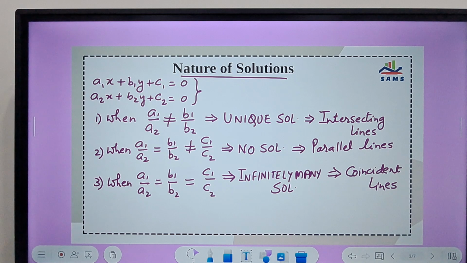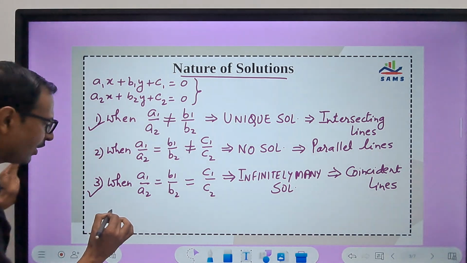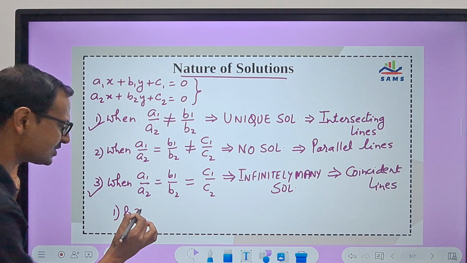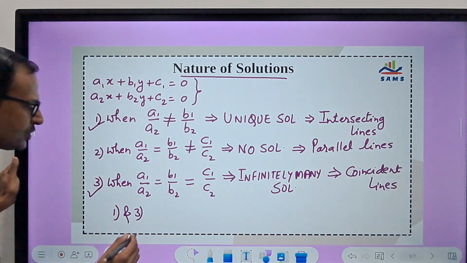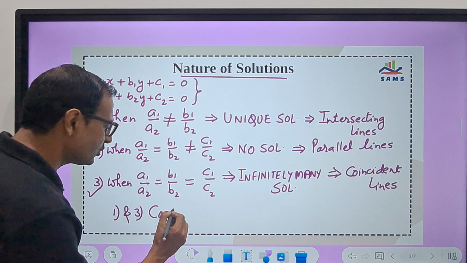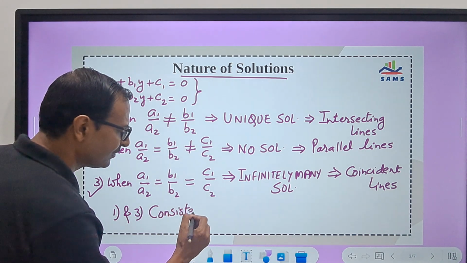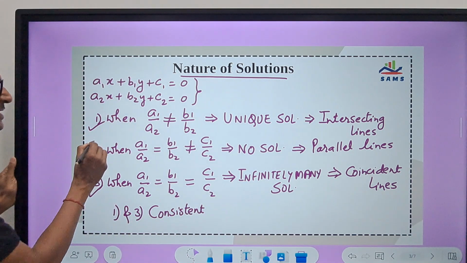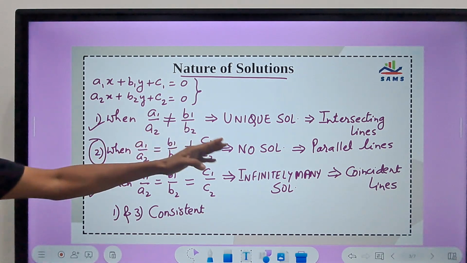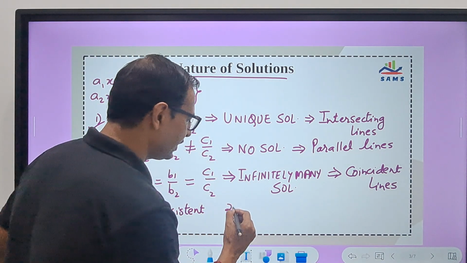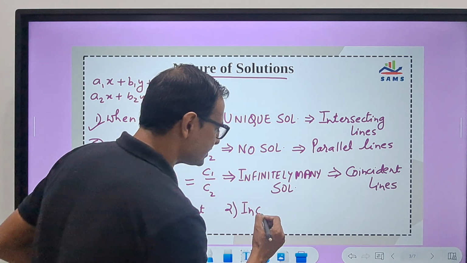In case you have a unique solution or infinitely many solutions, that is in case of part 1 and part 3, we call the system to be consistent. And in case of the second part, when there is no solution, we call the system inconsistent.